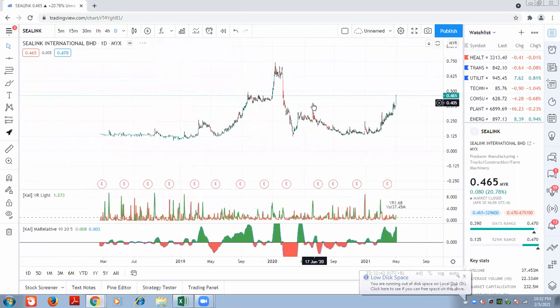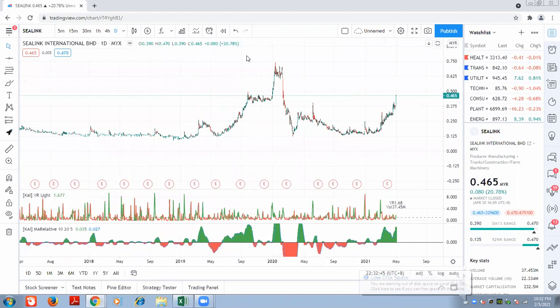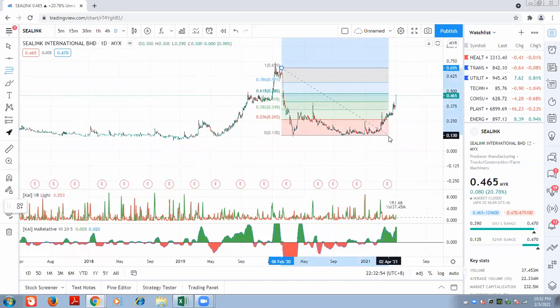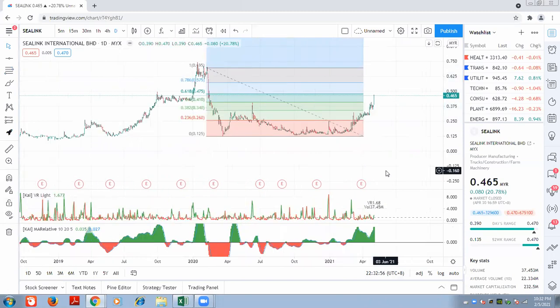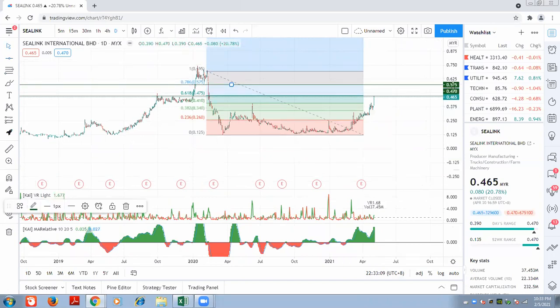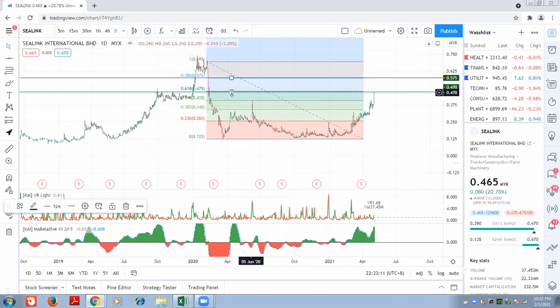It's already past the major resistance, and the next resistance is here. It only tested 0.168, so the TP will be around 0.575. Okay, max, maximum. What I say is maximum.